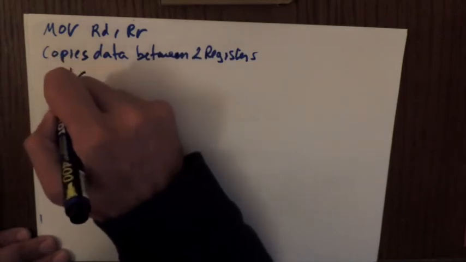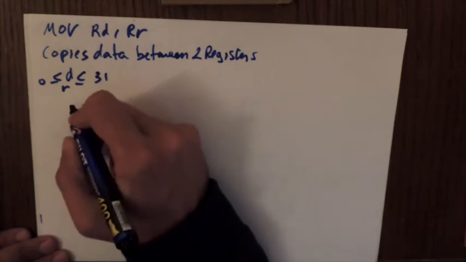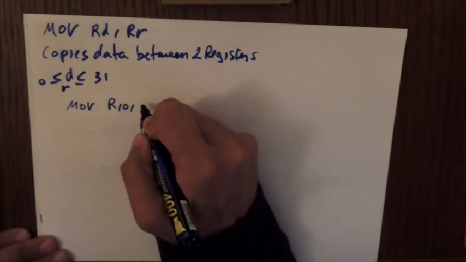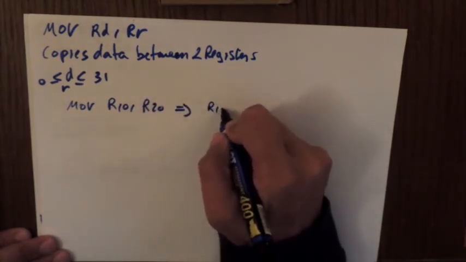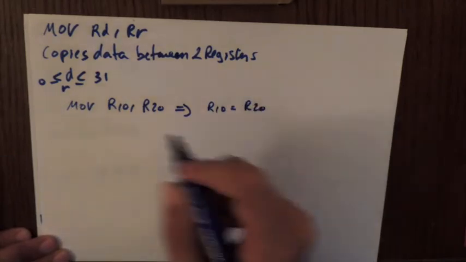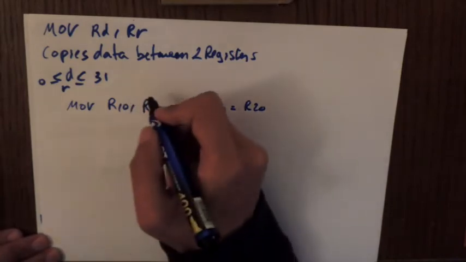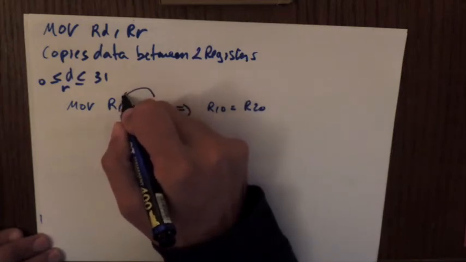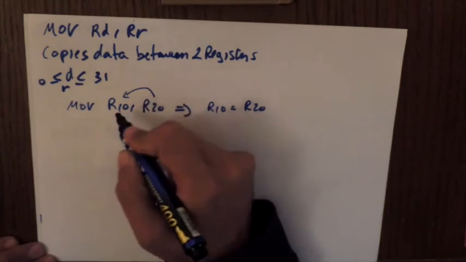Of course, D and R can be between 0 and 31. So if I do something like move R10, R20, this means R10 is equal to R20. And you notice that it can be confusing which is moving to which. You always remember that this is the destination and this is the source. So always have this arrow going from right to left, which indicates that the value in R20 is now residing in R10.